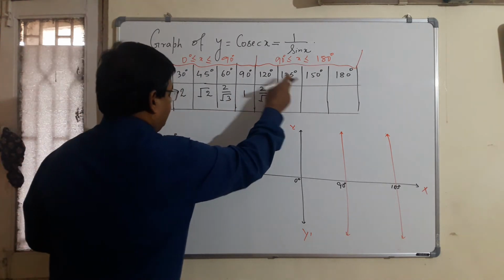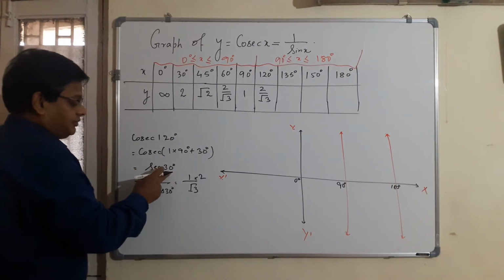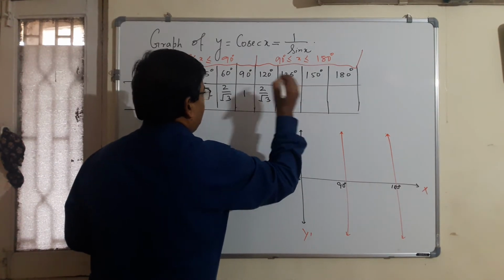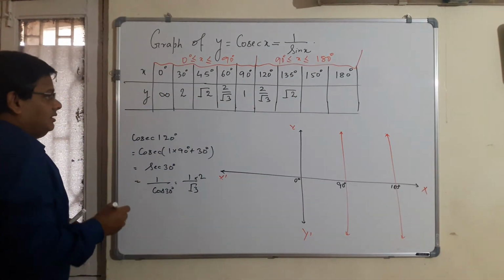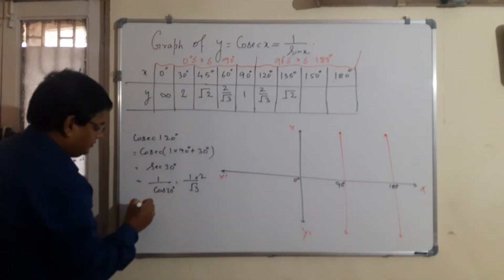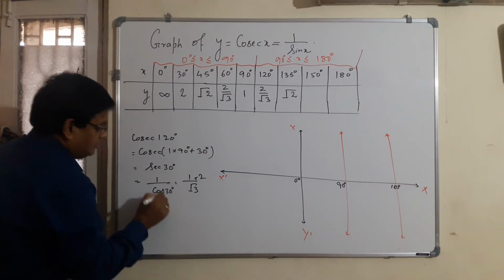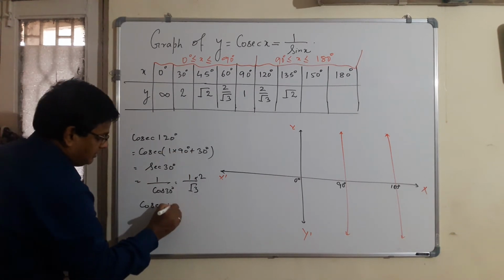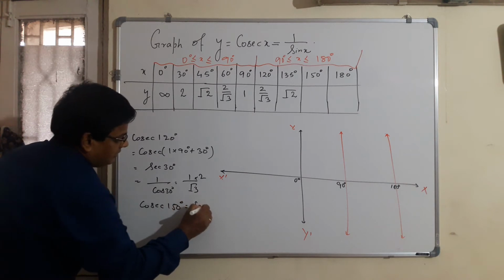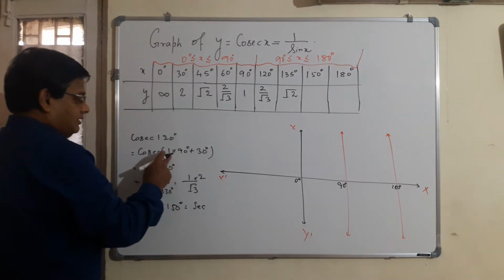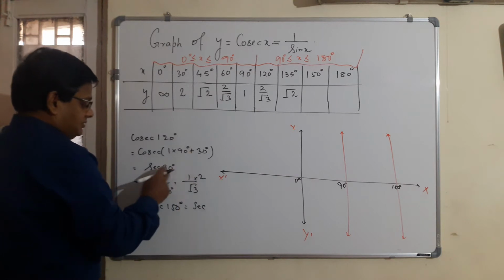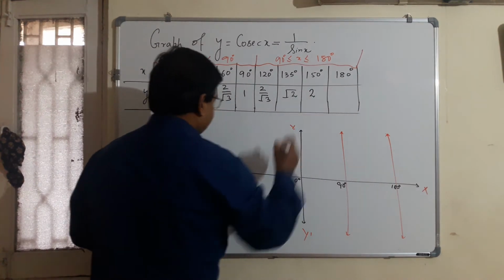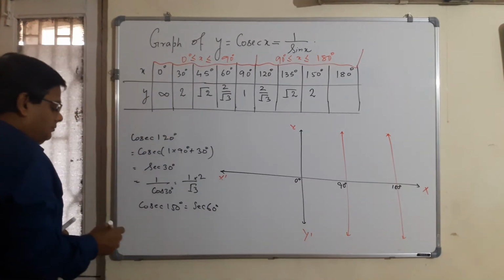Similarly, now find 135. You will get sec 45, and sec 45 is root 2. Now 150 degree. Cosec 150 degree is cosec of 1 into 90 plus 60, so cosec changes into sec. So sec 60 degree becomes 2. Now 180.